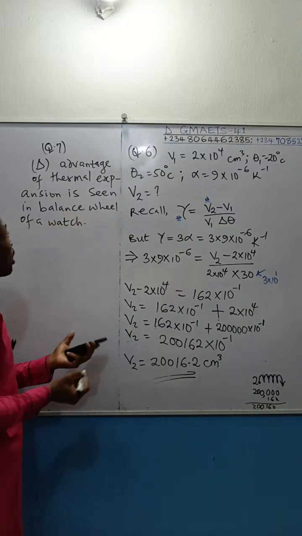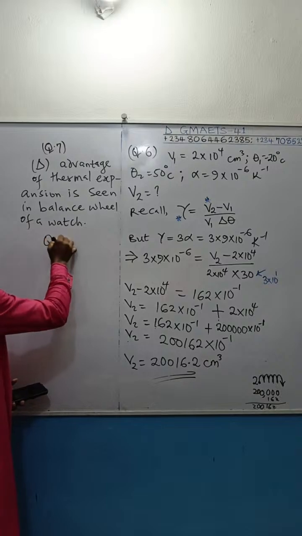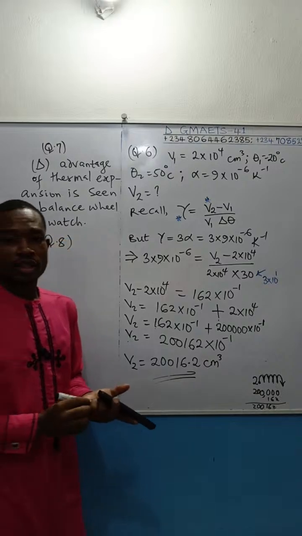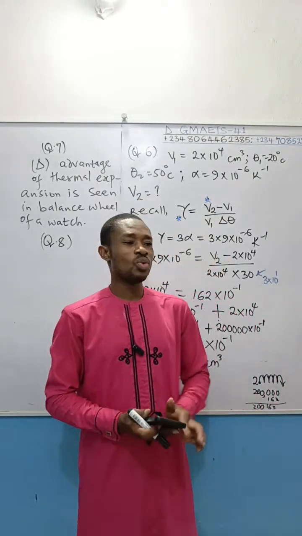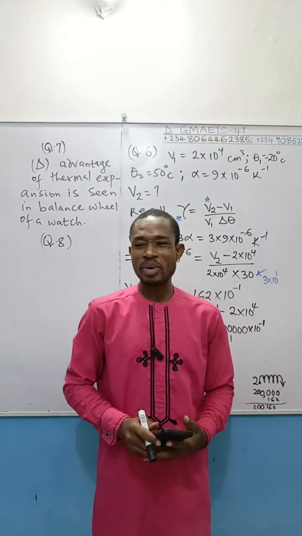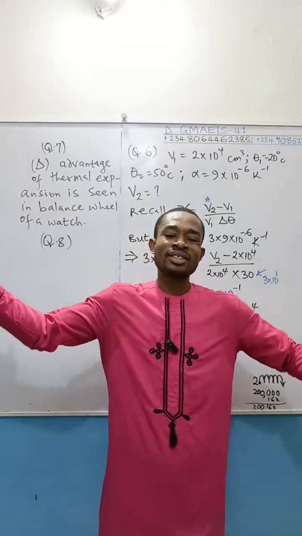All right, we are moving on to question number 8. Take note, the other ones are all disadvantages. When a railway track is being constructed, is it expected for it to expand or contract?